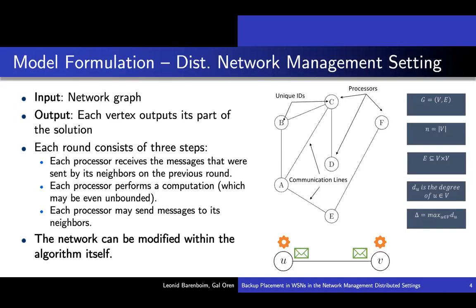The dynamic network management setting is based on the CONGEST setting, with the following additional features. Each vertex has a cost that accumulates during the rounds of execution. In each round, each vertex v may add edges to a certain distance k in G. A vertex may also remove edges that connect it with vertices outside of its immediate neighborhood.